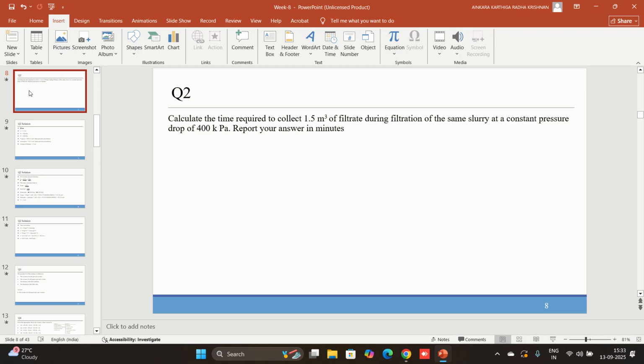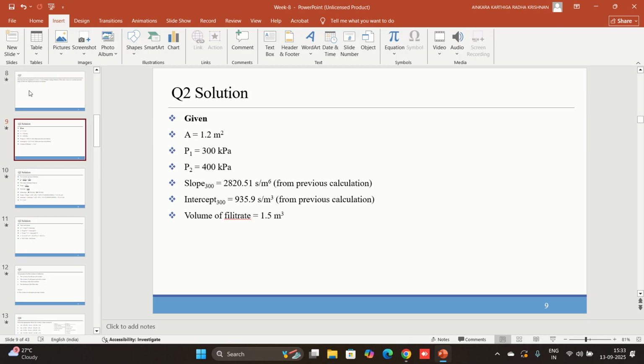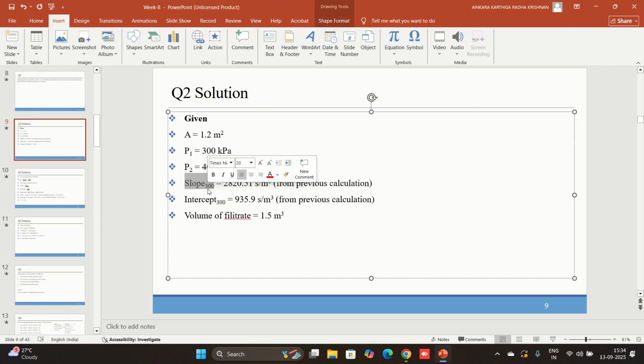Here the pressure drop is varying from 300 kilopascal to 400 kilopascal, and for the new condition we are asked to find the time required to collect 1.5 meter cube of the filtrate. So what we should do is first find the new slope and the intercept. For finding the new slope and intercept, I can put it here itself.